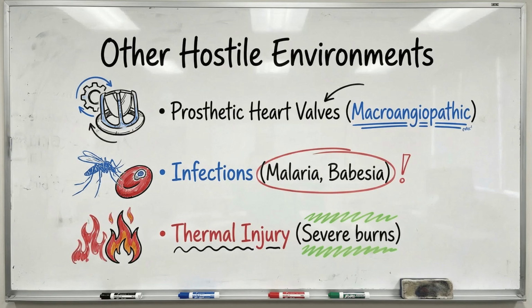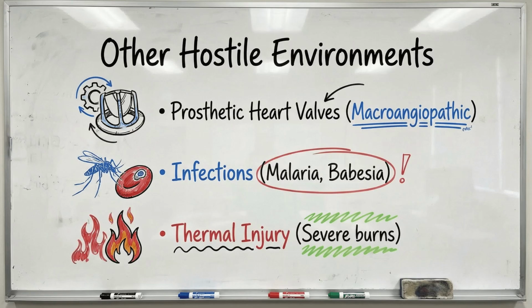For instance, prosthetic heart valves can cause macroangiopathic hemolysis, where the sheer force of blood flow around the artificial valve physically smashes the cells. Then there are infections, like malaria or babesiosis, where parasites invade and multiply within the red blood cells, eventually rupturing them.